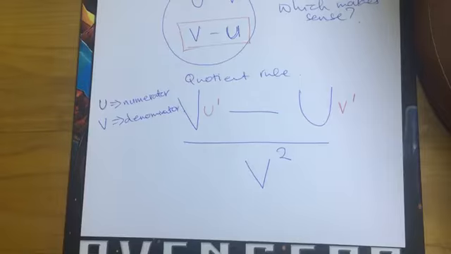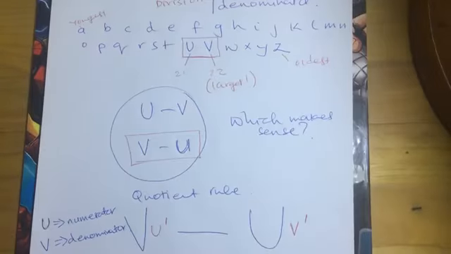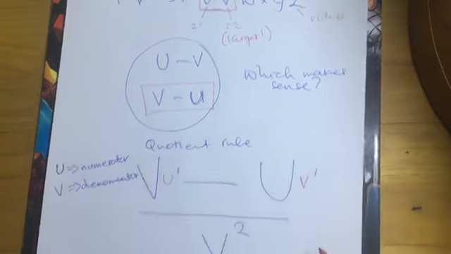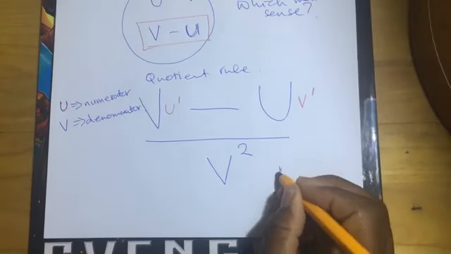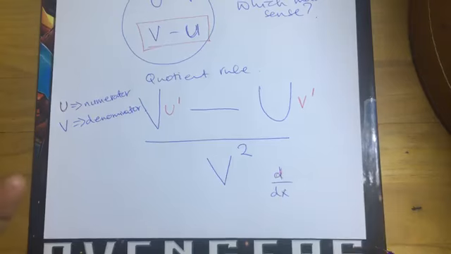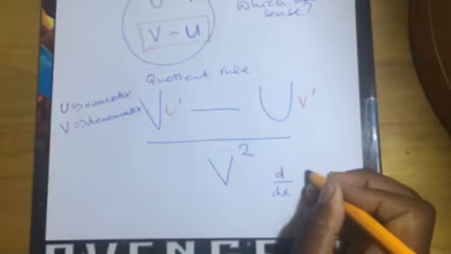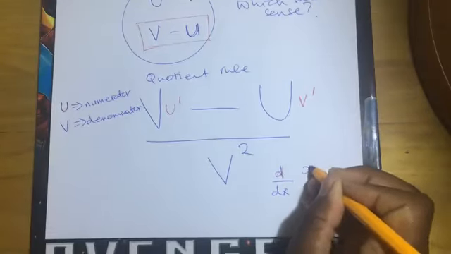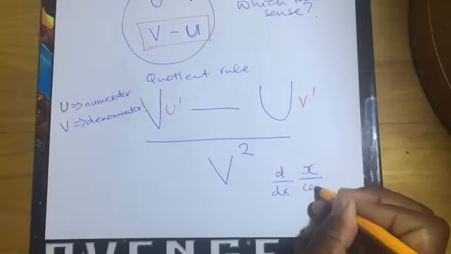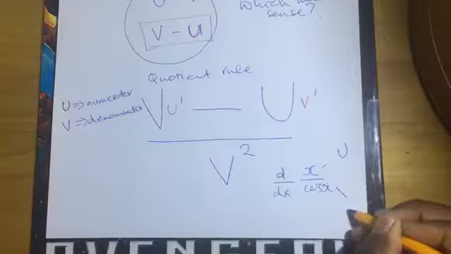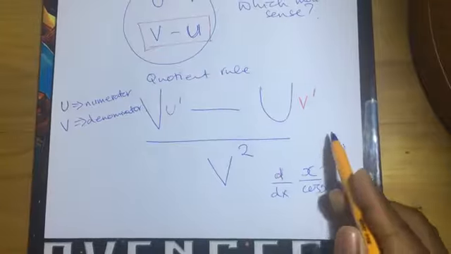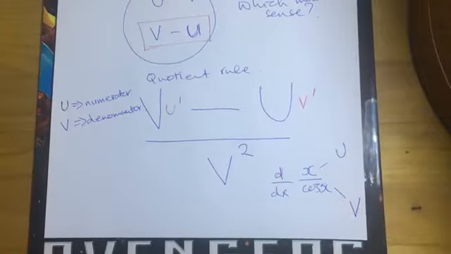Easy stuff. So if I've been given an expression, for instance, find d dx of maybe x over cos x, this is going to be my U, this is going to be my V. So the numerator is always U, the denominator is always V.